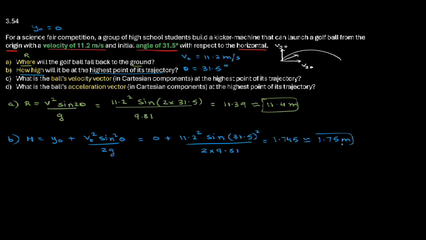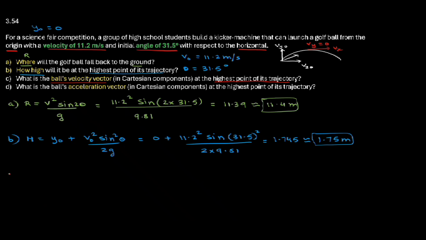which you can round off to 1.75 meters. Then in part C, they want you to find the ball's velocity vector in Cartesian components at the highest point of its trajectory. At the highest point, the y component of velocity is 0. The only velocity component you have is the x component, which is constant and does not change throughout the motion.